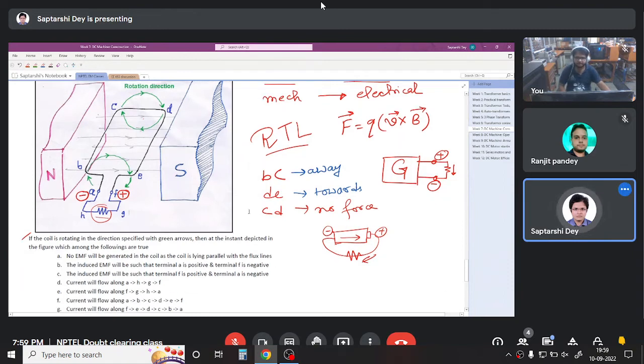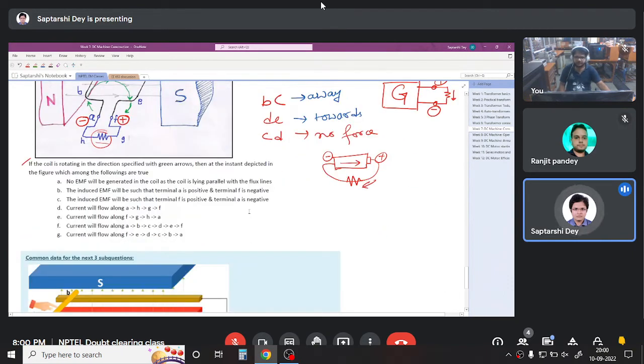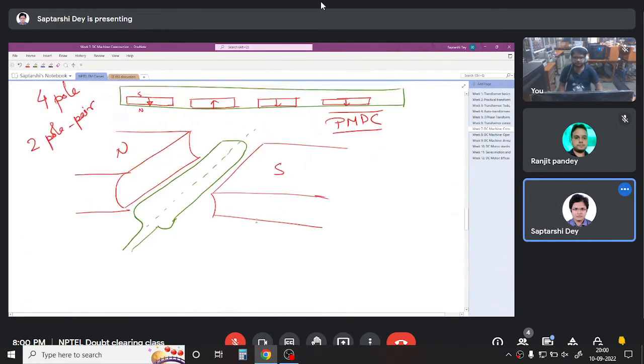Slipping contact means there must be something connected at the end of the winding, which is rotating with the winding. And there is something other that is placed here outside, which is not rotating.